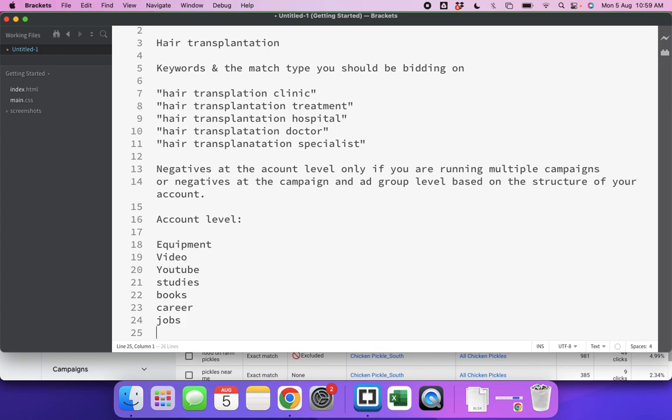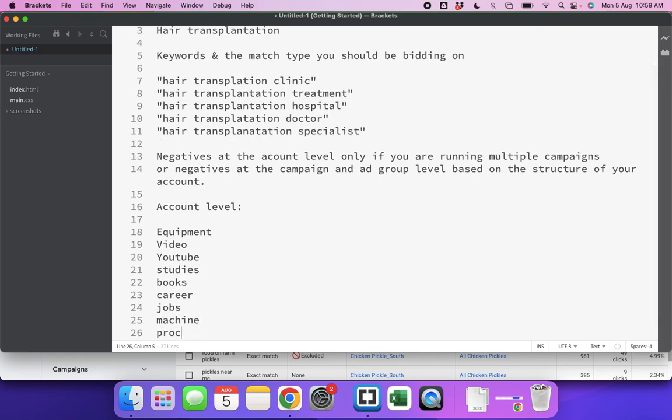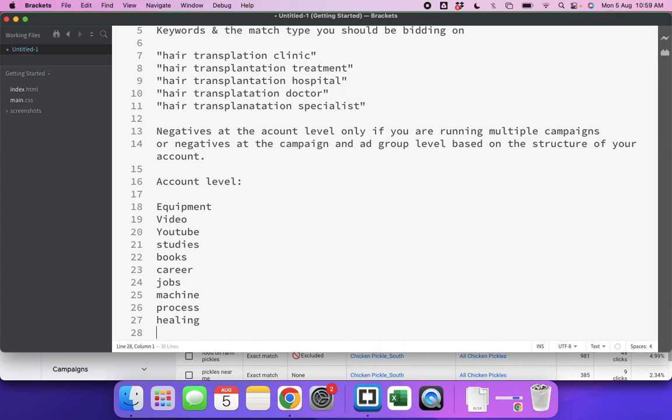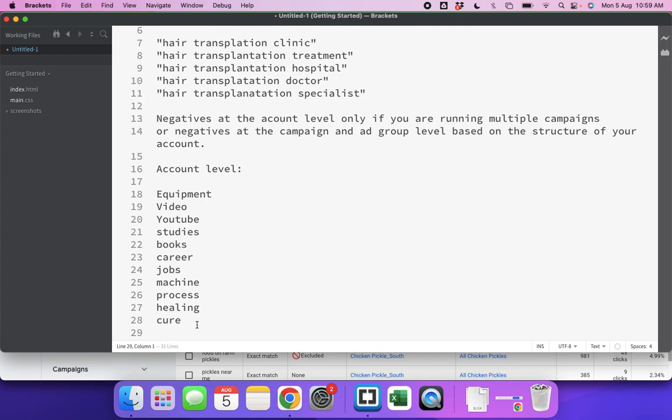You can keep on thinking this way. You might see, right? We don't want to show for mission process. See, process to an extent it's relevant. People must be searching hair transplantation process. Post that they would come and opt service from you. But anyways, it takes time. Do not bid on such keywords. Process, then healing, cure, maybe something we don't know. We can never think of these terms.